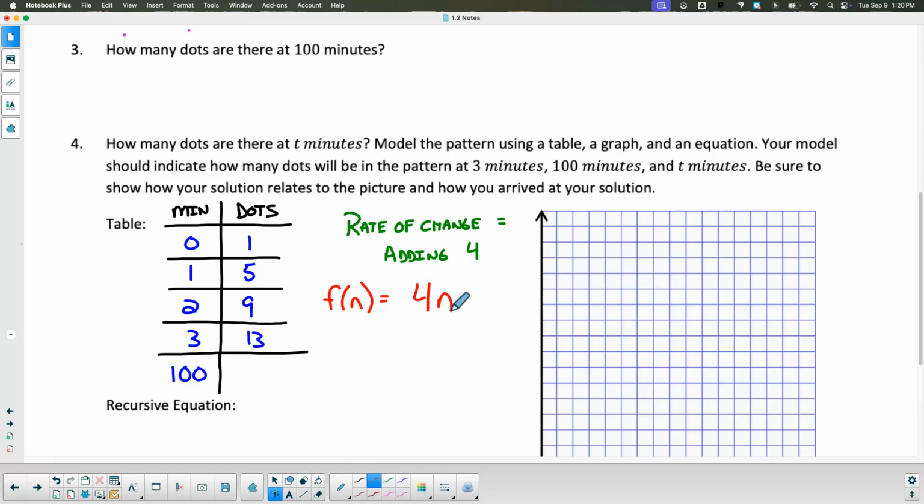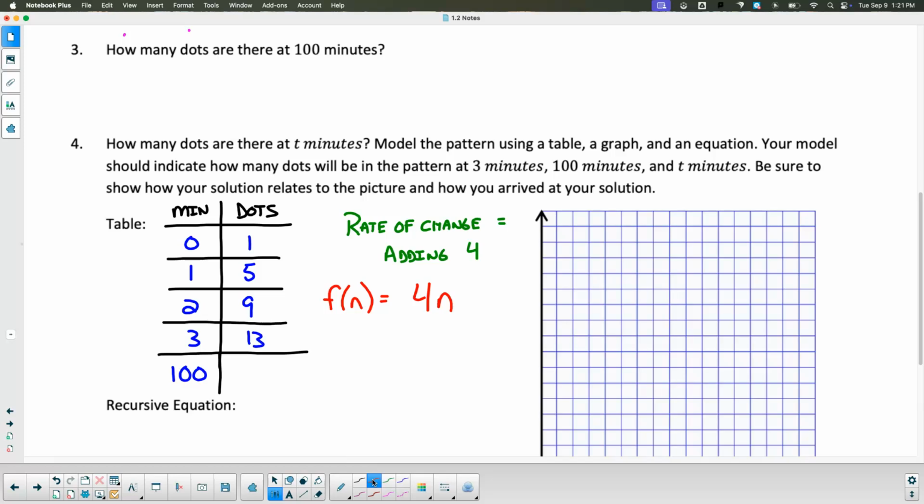If I plug 0 into my function, if I find f of 0, do I get out 1? No. If I plug in f of 1, do I get out 5? No. So what can I adjust it to make it work?